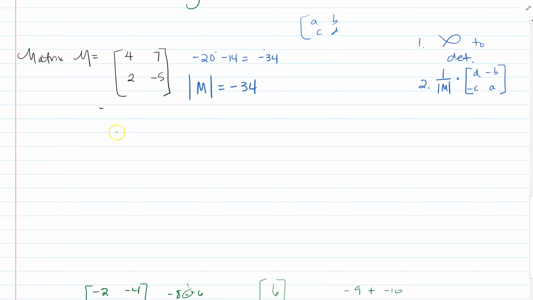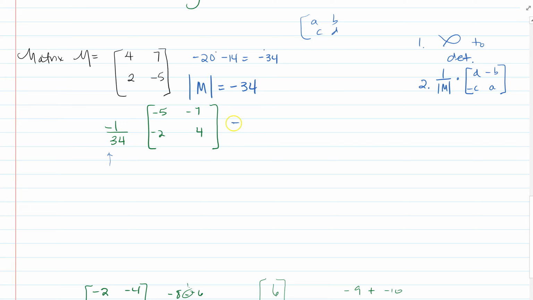I'm going to take 1 over 34, and it's negative, so I'm going to assign that to the top. And I'm going to multiply that by this. 4 and 5 are going to switch places. Negative 7, negative 2, and here we go. Negative, and I just keep everything over this determinant. I simplify later or I'll get angry.